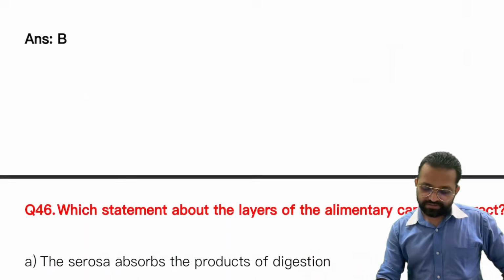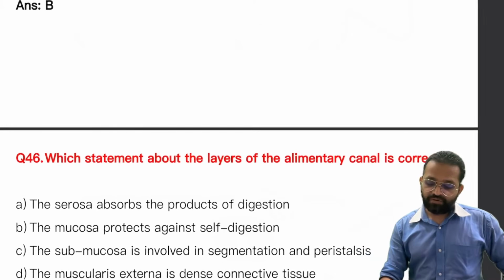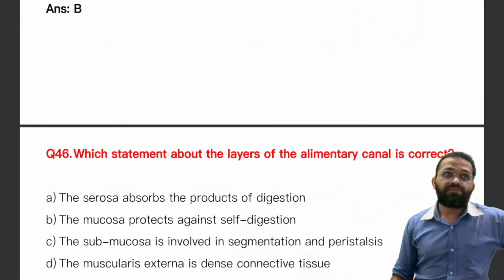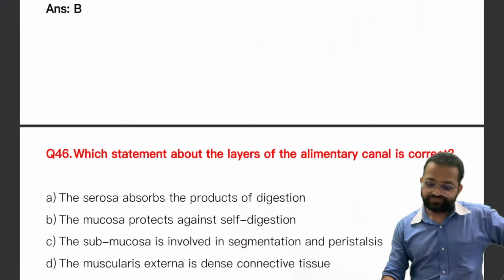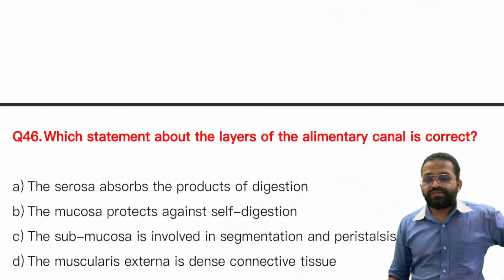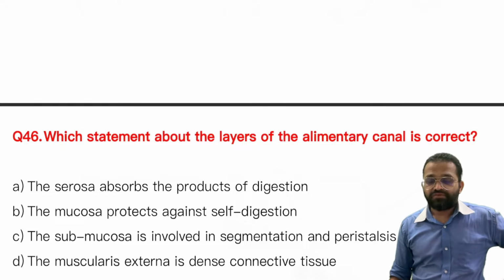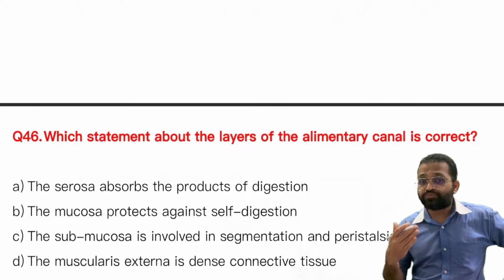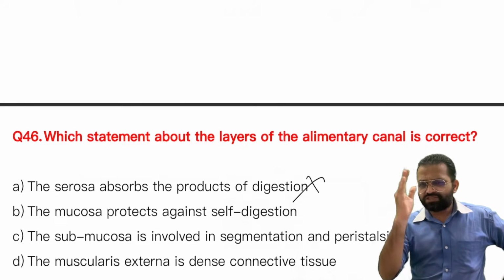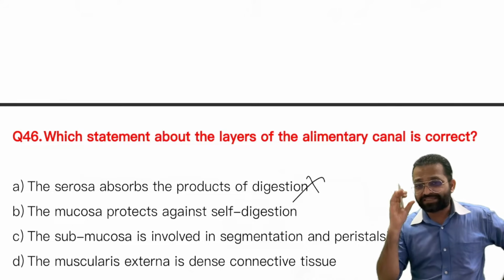Come to the next. Which statement about the layers of the alimentary canal is correct? Yes. Which is the correct statement? The serosa absorbs the products of digestion? No, sir. Serosa is just one layer of collagen which is protecting the GIT.